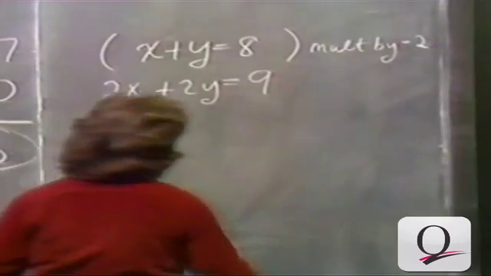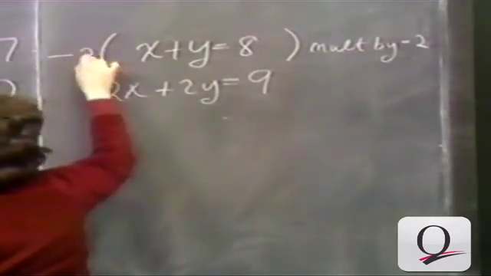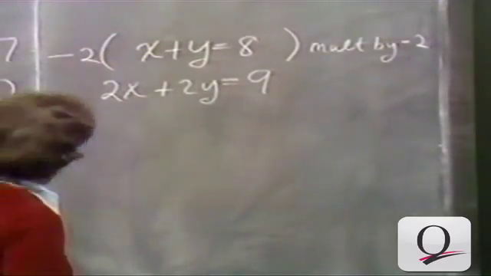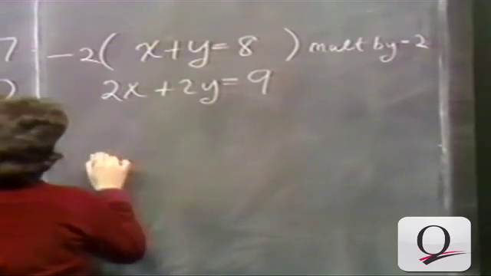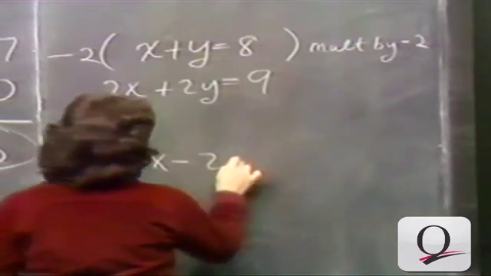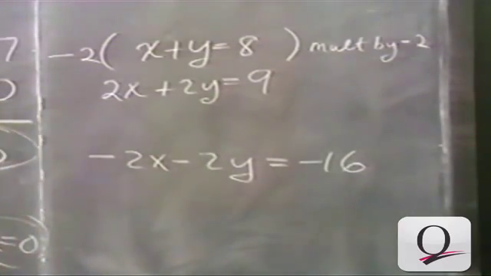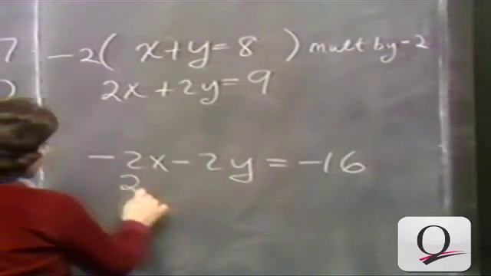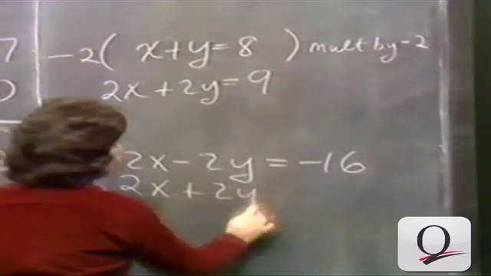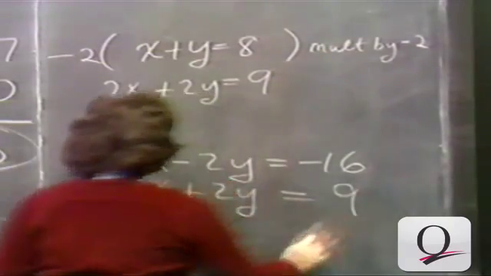If we multiply the top equation by minus 2, that is, we distribute the minus 2 all the way through, we get minus 2x minus 2y equals minus 16. The bottom equation we leave alone, 2x plus 2y equals 9.